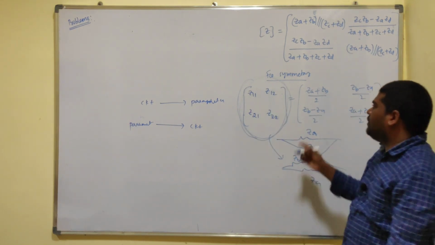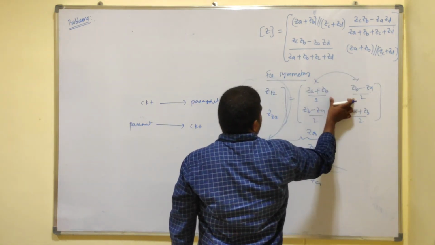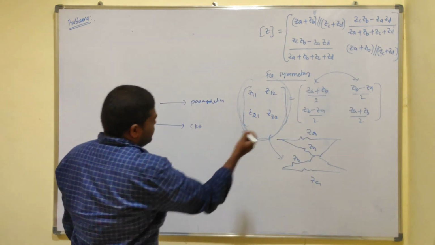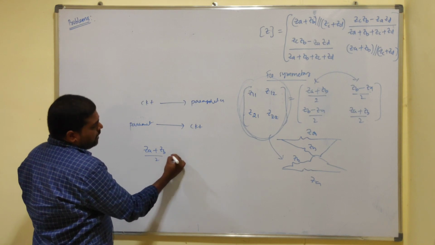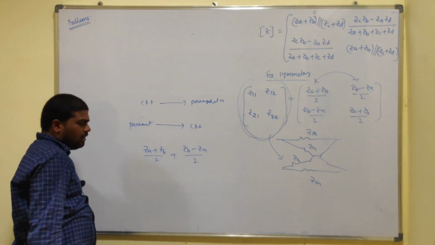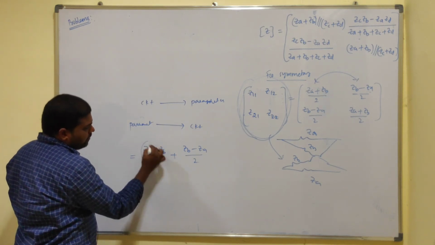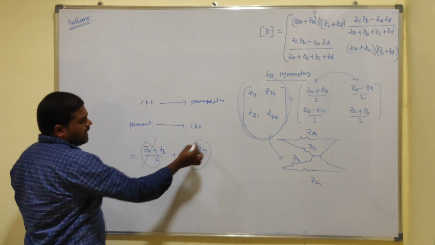For example, addition of these two will produce, just check it out, (Za plus Zb) by 2 plus (Zb minus Za) by 2, right? That means this Za by 2 and this minus Za by 2 cancel each other.